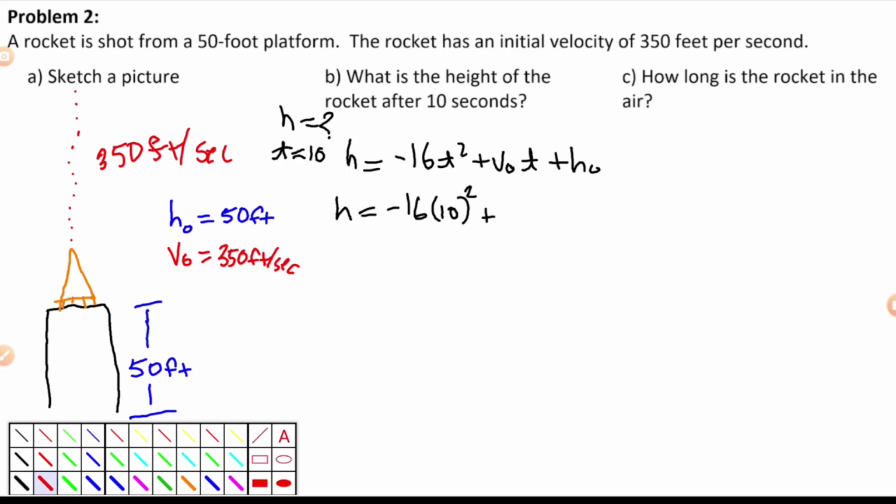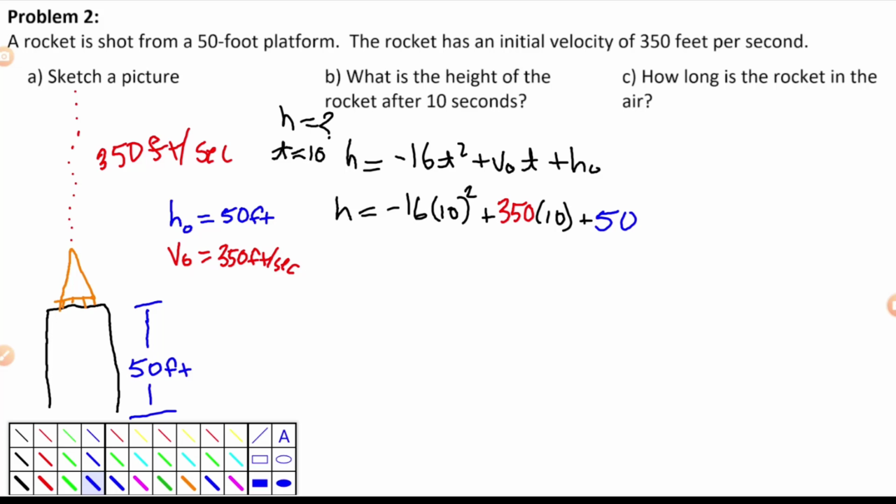What was the initial velocity? Our initial velocity was 350 feet per second, and then times the time, which was 10 seconds. Perfect. And then plus, and what is our initial height? Well, the rocket was 50 feet off the ground, so that's plus 50. So there's our math problem.